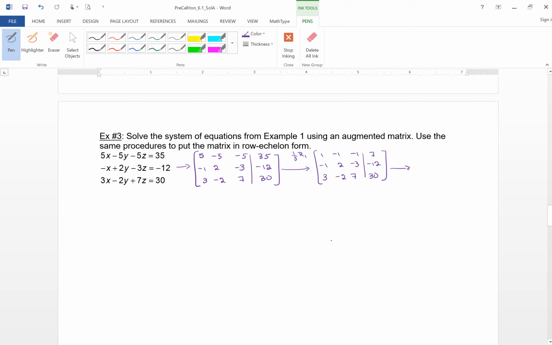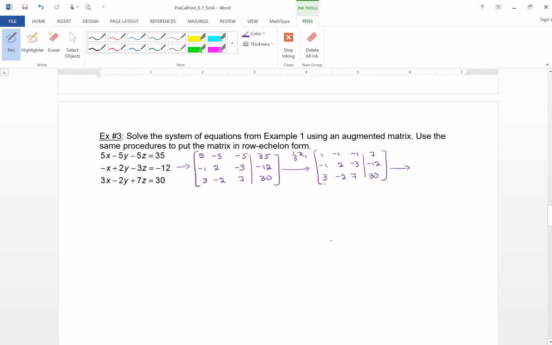You're totally allowed to interchange rows. So if you think 2 steps ahead, if this row, the second one, was at the bottom, all I would have had to do is add the 2 rows and I'd get a 0 here.